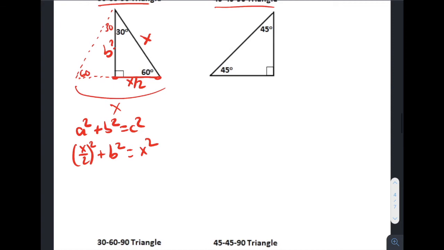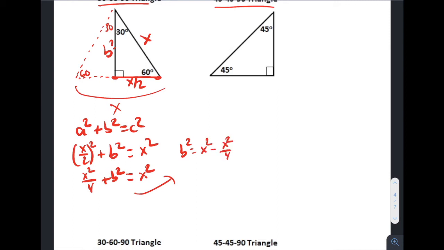If we were to expand that out, we would get x squared over 4 plus b squared is equal to x squared. I am going to subtract this x squared over 4 to the other side. So that means that b squared is equal to x squared minus x squared over 4.